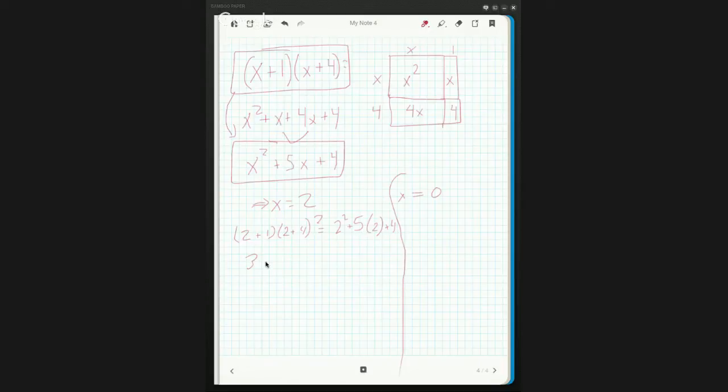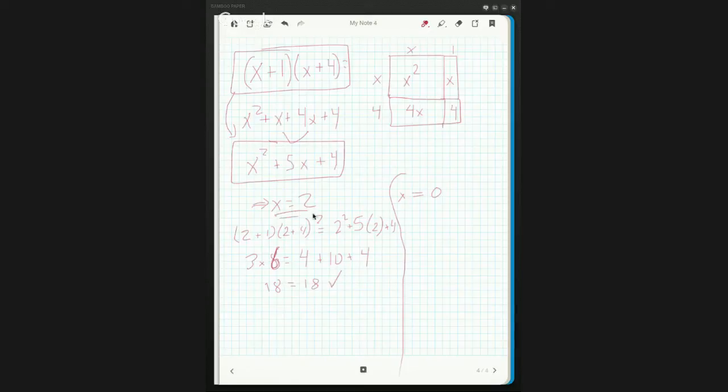This is 3 times 6, sorry, 2 plus 4 is 6. Does that equal 4 plus 10 plus 4? Well, 4 plus 4 is 8 plus 10. Does it equal 18? Yes.